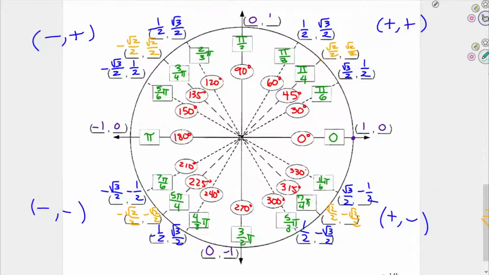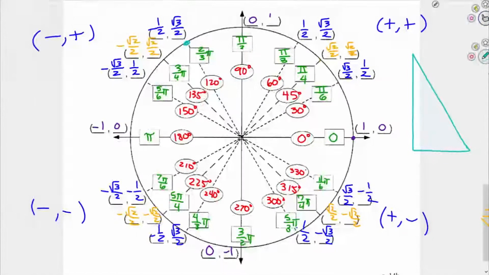Now I want to talk about why this unit circle is so important, and why it's important to memorize. It's because this is the perfect tool to memorize the sine and the cosine of all of these angles, and then I will show you can find the tangent as well. If I pick any one of these angles, for example this one, this triangle as an example, we're focused on this point right here.